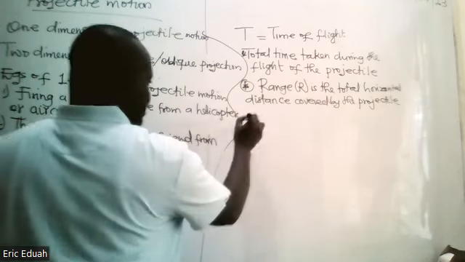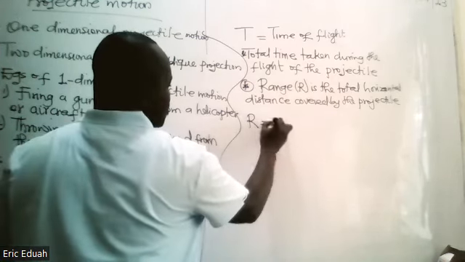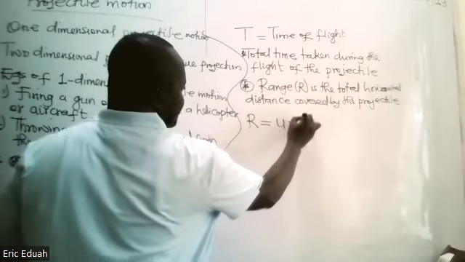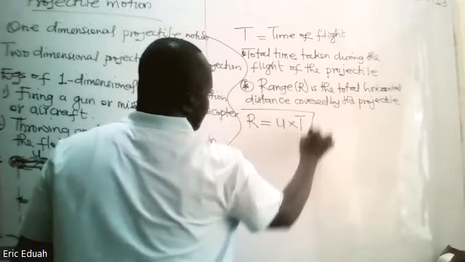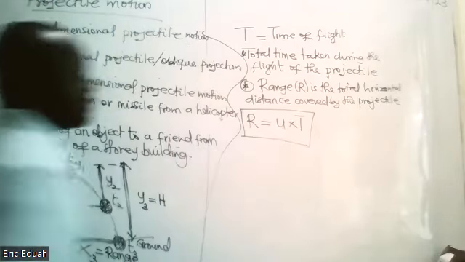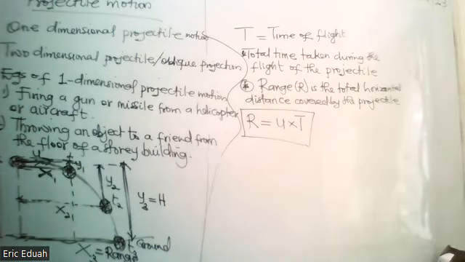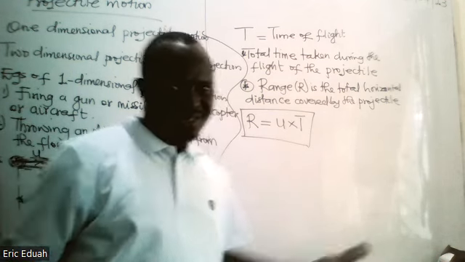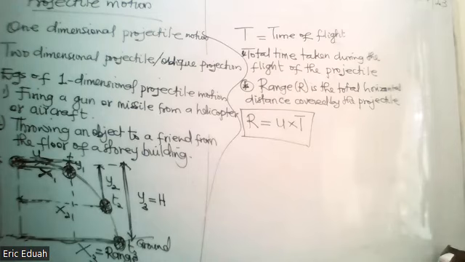So the range R is equal to U times T. The range is equal to the velocity of projection times the time of flight. Let me create a question. Then we apply how to use this to solve problems before we look at the vertical analysis.